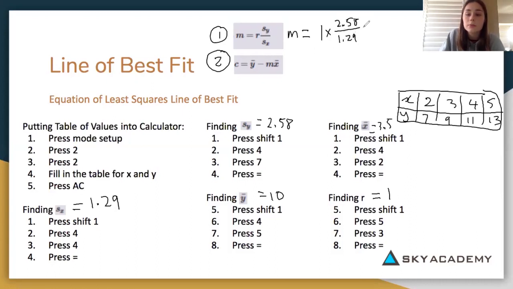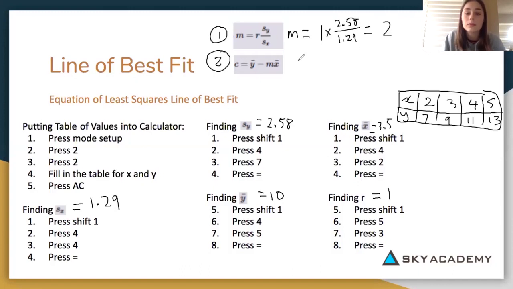And when we calculate that, you can just put it in your calculator, and you'll get a value of 2.